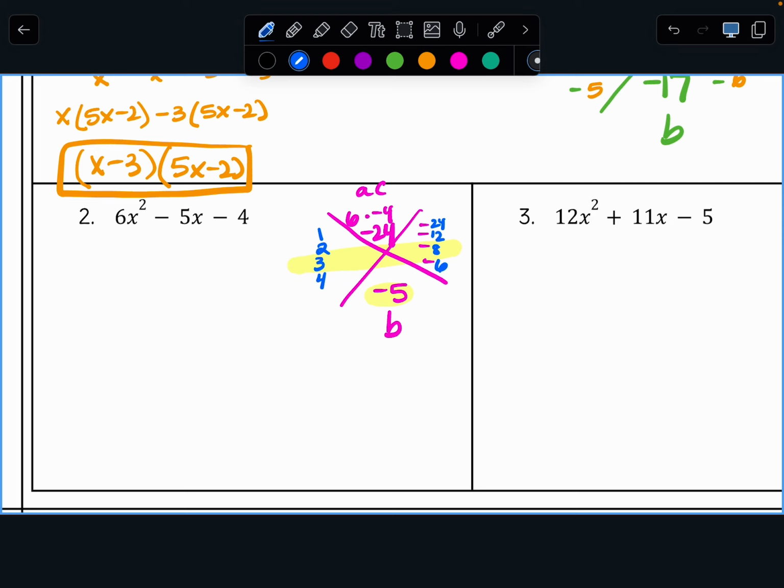So I'm going to rewrite plus 3x minus 8x. So I have 6x squared plus 3x minus 8x minus 4.